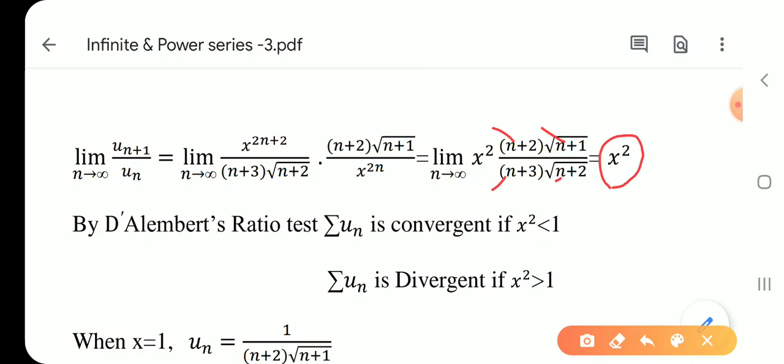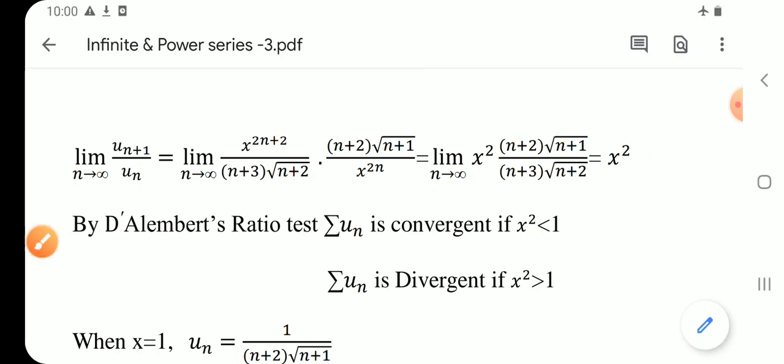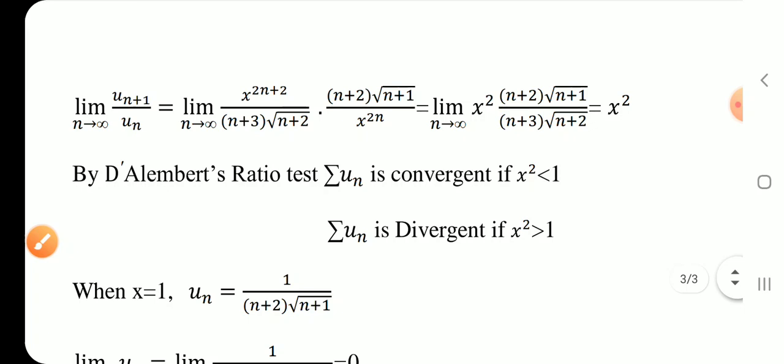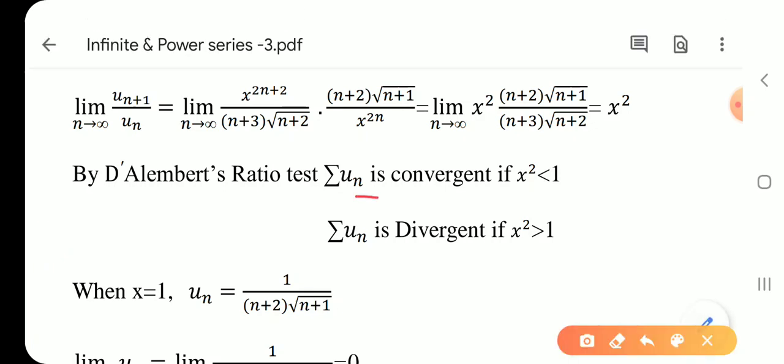Now the convergence or the divergence of series depends upon the value of x square. So by D'Alembert's ratio test, sigma un is convergent if x square is less than 1. Sigma un is divergent if x square is greater than 1. There can be three possibilities of x square. Either it can be greater than 1 or it can be less than 1.